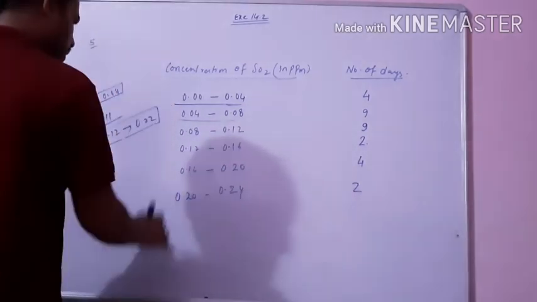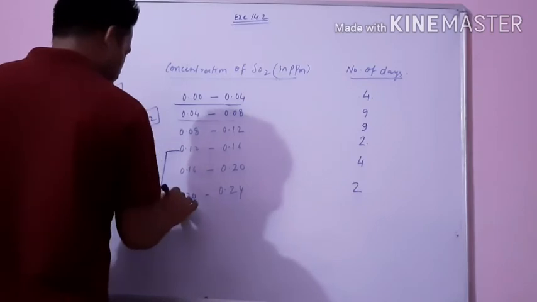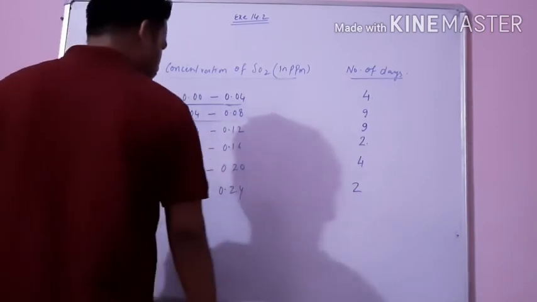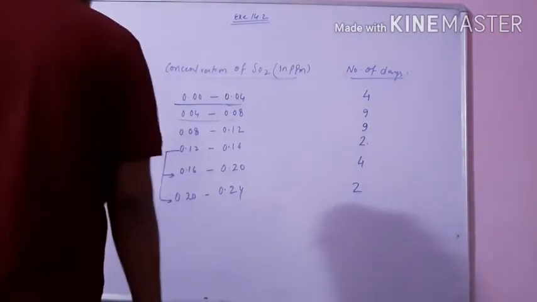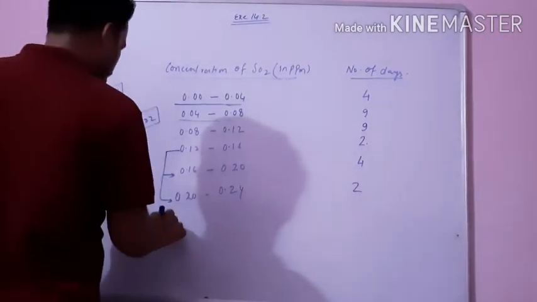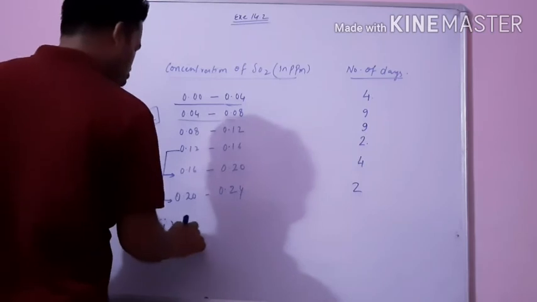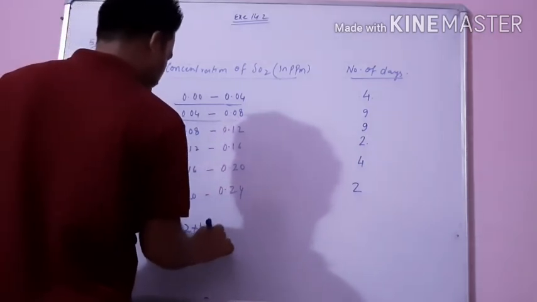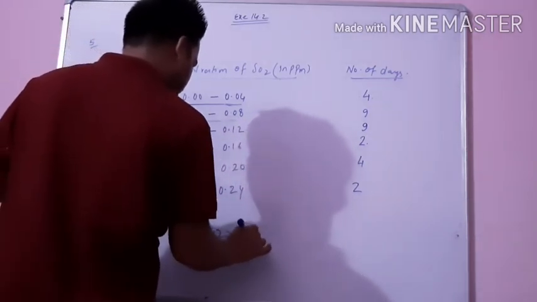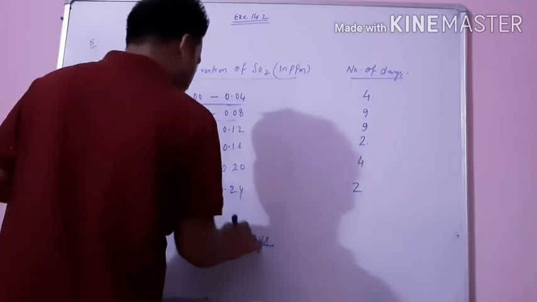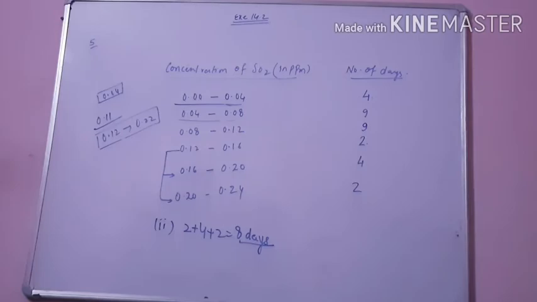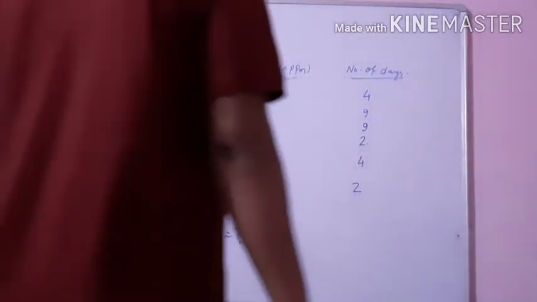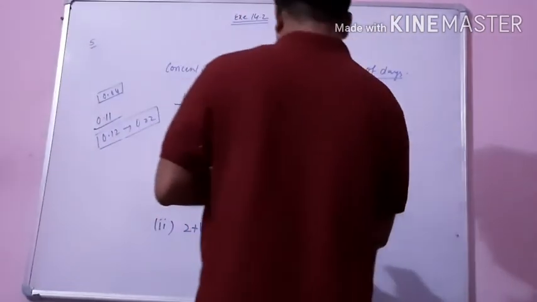So which groups will come? These three groups will come. So the answer of the second question will be 2 plus 4 plus 2, that will be 8 days. For 8 days the concentration of sulfur dioxide is more than 0.11.